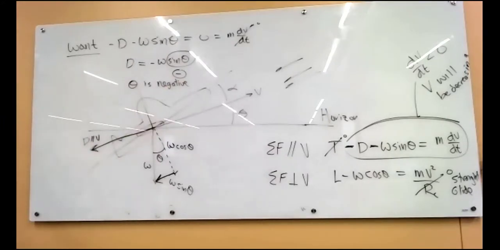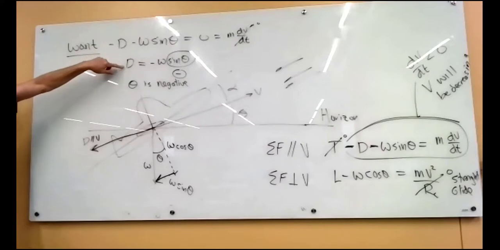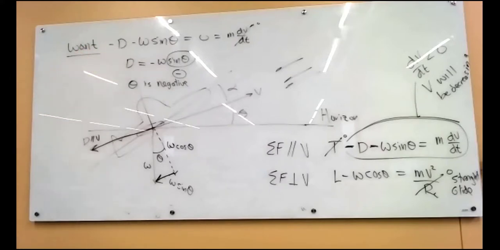The picture also says it works because if we tilt theta down negative, then the weight vector is going to be acting that direction, and the weight vector will balance out the drag, and everything's good. So we could go from this equation and just realize that theta needs to be negative.